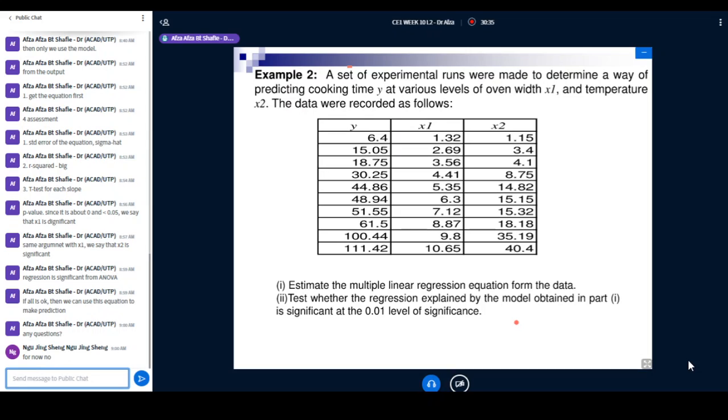So we are given a set of data, and we want to see how we can fit this equation, estimate the equation, and finally test the significance of the equation.